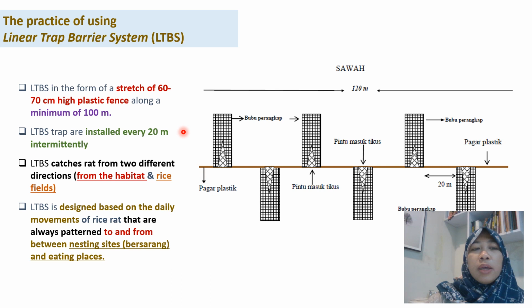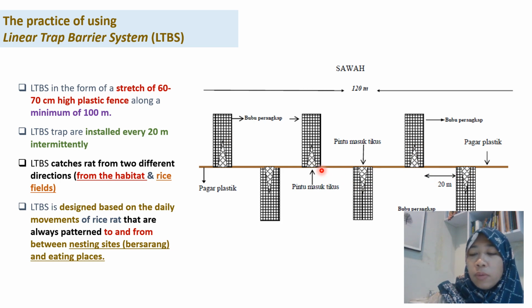They use at least 70 centimeter height of plastic, and they should install a minimum of 100 meters. In the LTBS, a bubu trap is installed every 20 meters intermittently. Every 20 meters, we will put the bubu trap.